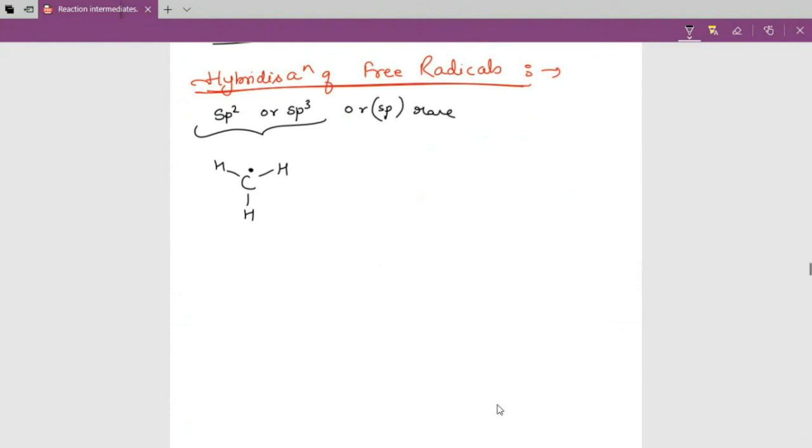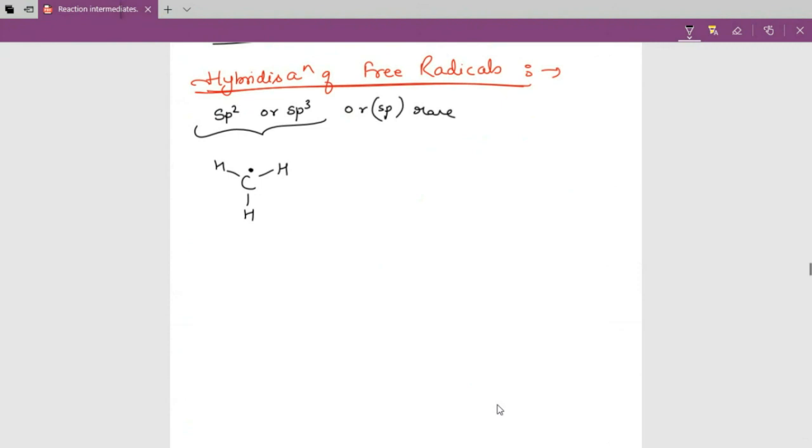If it is present in an unhybridized, empty p orbital, an available p orbital, then it will become sp2. So what is the factor used to confirm what type of hybridization it will have? Is it going to be sp2 or sp3? Which type of hybridization should be assigned to it?